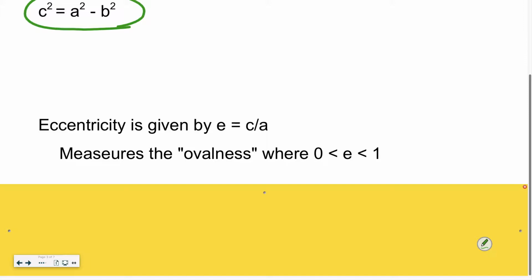Which end of the scale would be more circular? Is a number closer to 0 or a number closer to 1 more circular versus more oval? Closer to 0.